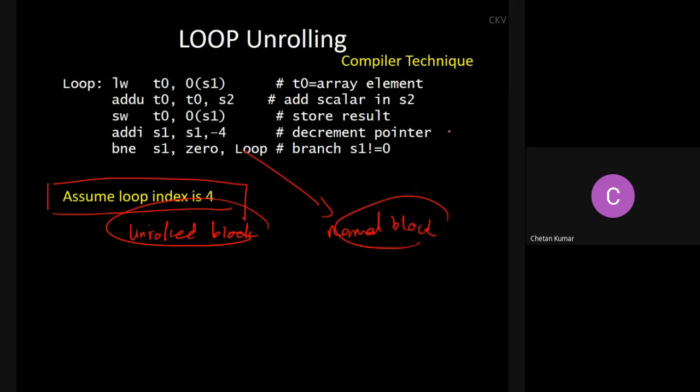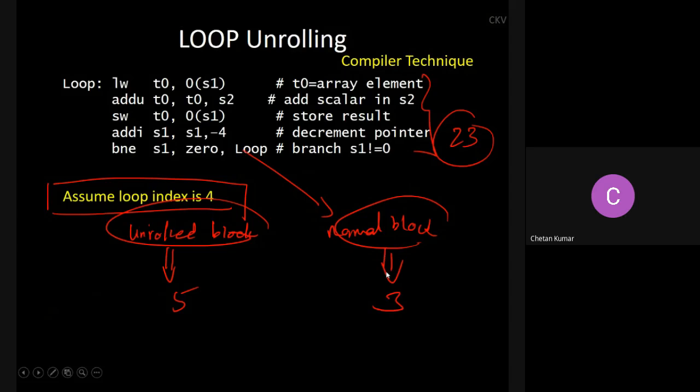If I am supposed to execute the actual loop maybe 23 times, how many times should the unrolled loop execute and how many times should the normal block execute? Keeping the loop index as 4, it will be 5, since 5 4s are 20, and the remainder is 3. This is how you actually do it.